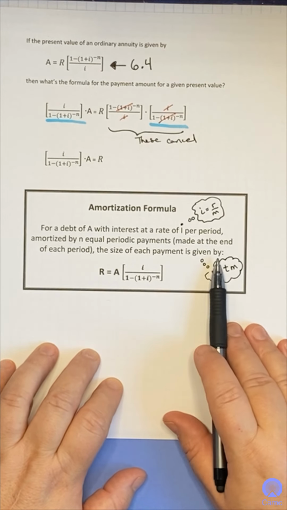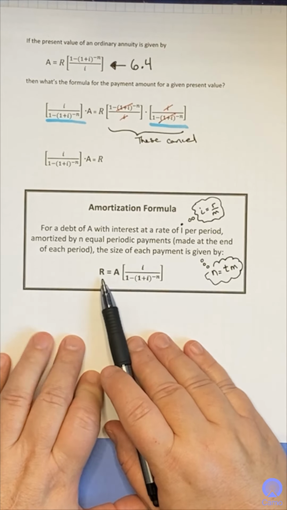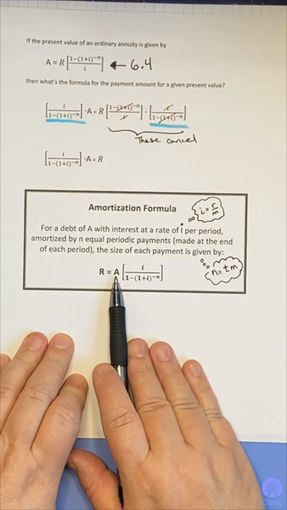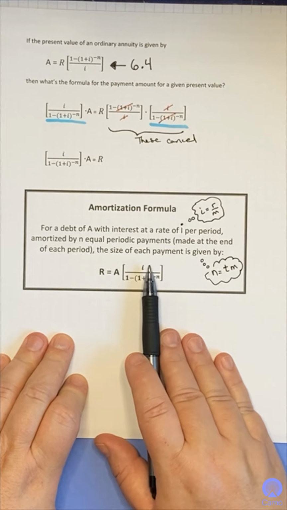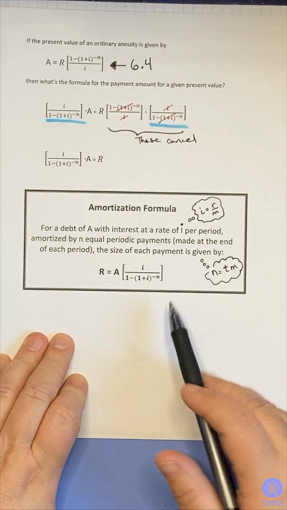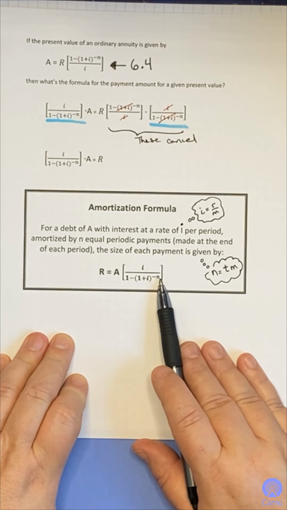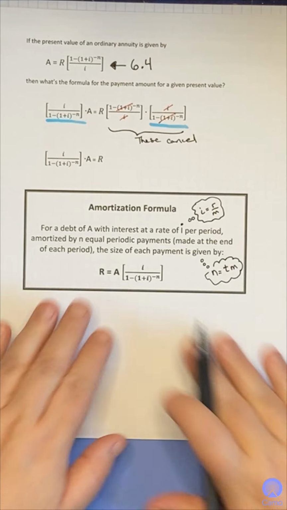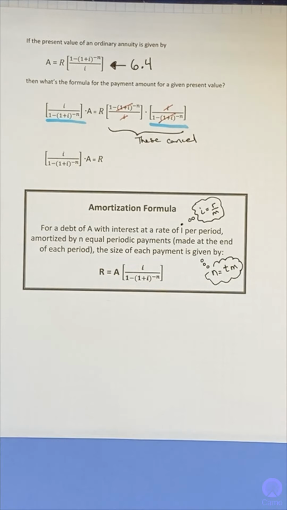The size of each payment is given by, so now here is the regular payment. Here's the present value or the loan amount, the interest rate per period, 1 minus 1 plus the interest rate per period, all raised to the opposite of the total number of payments. And that's it. This is the magical formula which you can use to then calculate any loan payment you'd like.